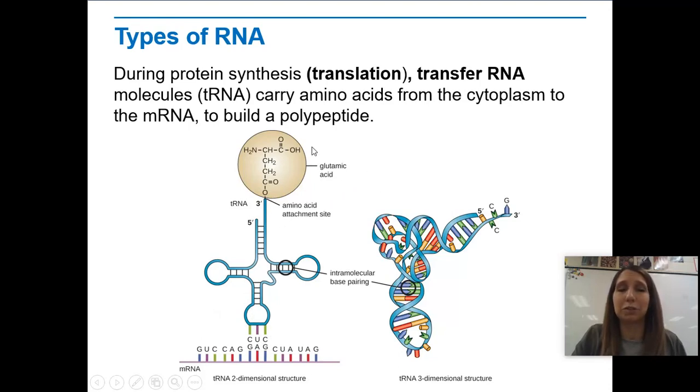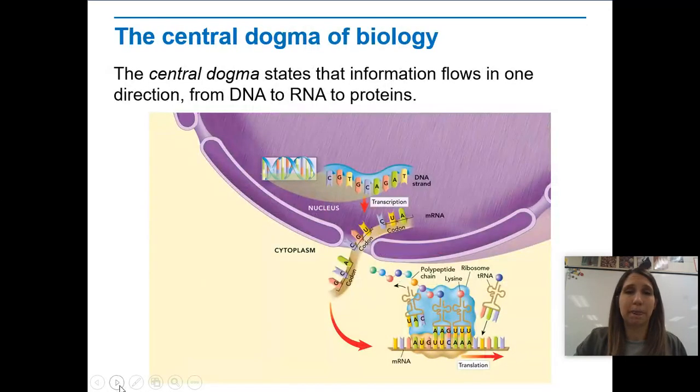The reason why we call it transfer is because it's transferring an amino acid, a monomer of a protein, over here to a growing chain of a protein, essentially, a protein polymer, okay? So that's going to be its role. So you can think of the T as representing transfer, you can think of it as representing translation, but either way, it's part of both of those activities, okay?